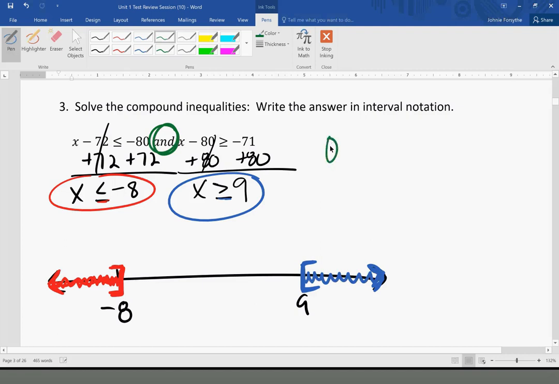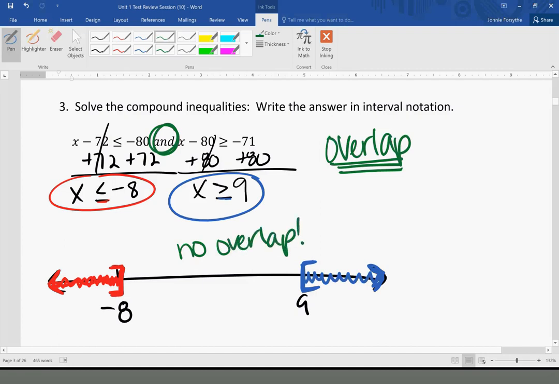That means the solutions must overlap, and the overlap is your answer. If you look here, there is no overlap. So for this compound inequality, the answer would be no solution.